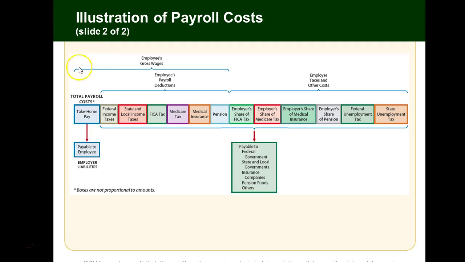As you can see here, from here to here, list their gross wages, which basically, if you take their take-home pay, you add to that the federal income taxes that have been withheld from the check, you add to that the state and local income taxes, you add to that the FICA and Medicare, and possibly medical insurance if they have a government plan, and potentially pension money that got withheld.